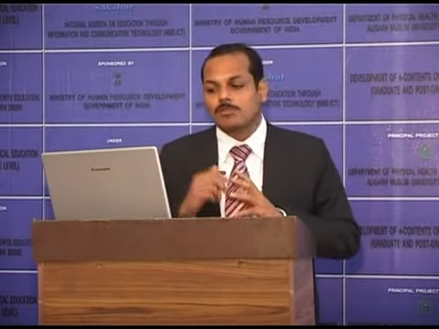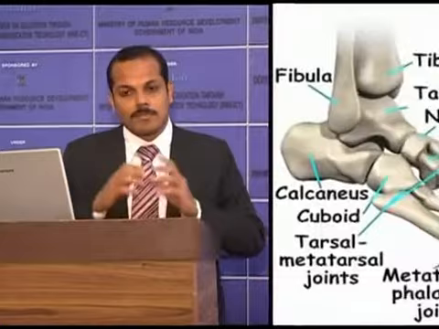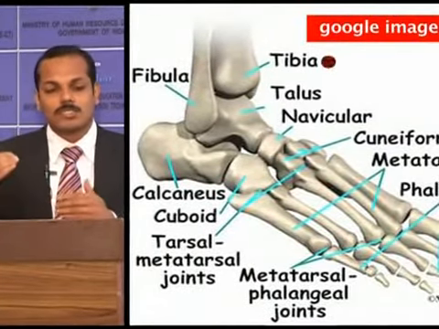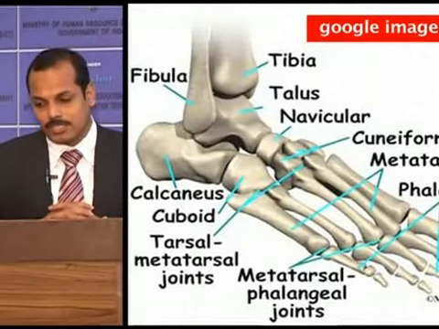Now we will go through some important bones in the ankle and foot complex. One of the most important bones is the tibia, also called the shin bone. It is the medial bone and the largest bone of the lower leg.